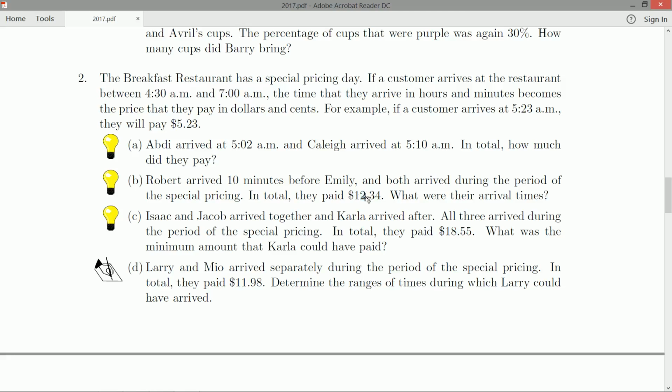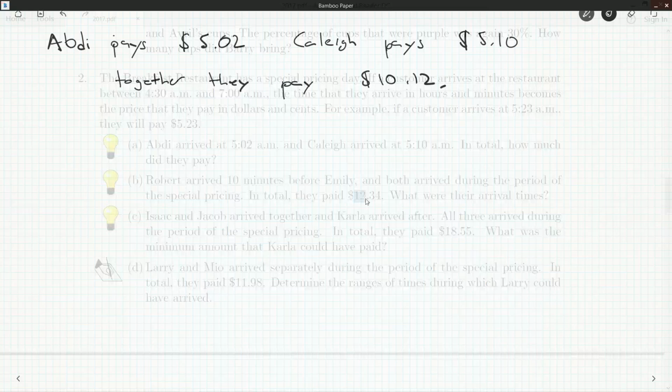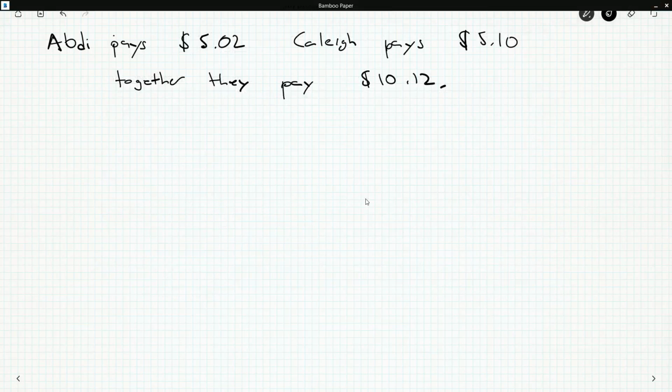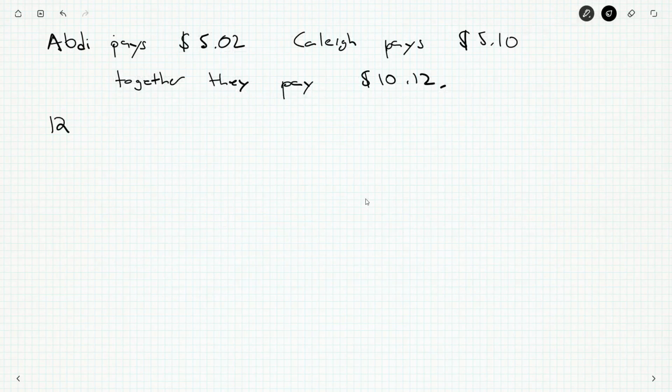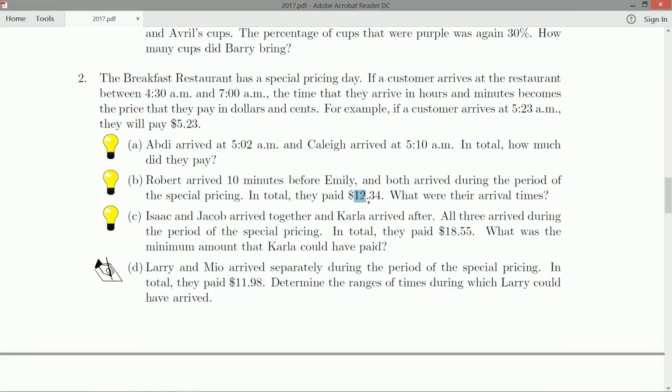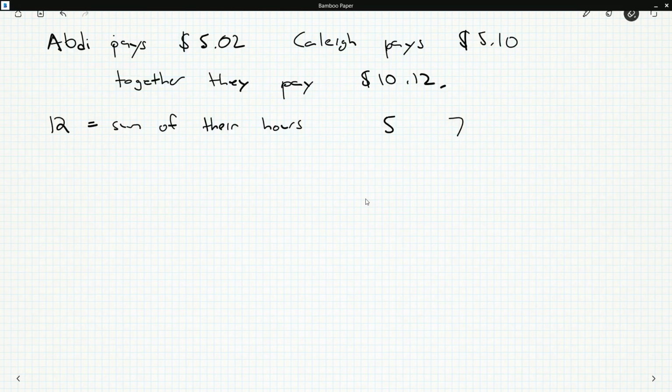So, actually, with 12 there, fairly certain. So 12 is the sum of the hours that they arrived. Robert couldn't have arrived at 5 and then Emily at 7, because there's not 10 minutes between 5 o'clock and 7 o'clock.